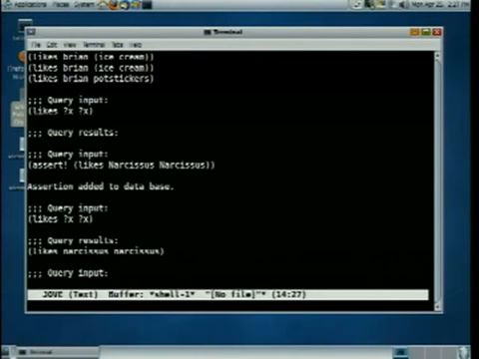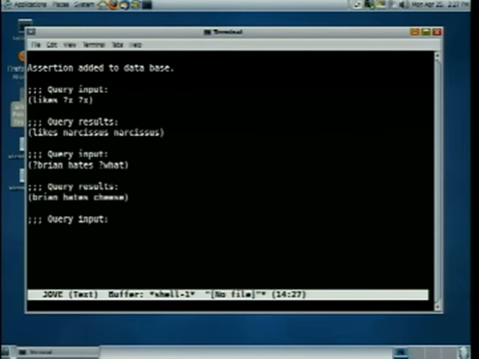So far, this probably seems pretty boring and limited to you, because the system only knows exactly what we told it. So any question that I ask, I have to have already provided exactly this answer. So if I say, it tells me that Brian hates cheese, but that's really inadequate.